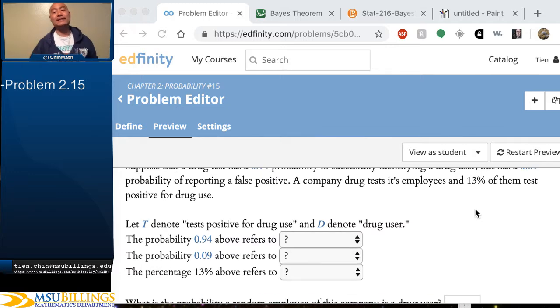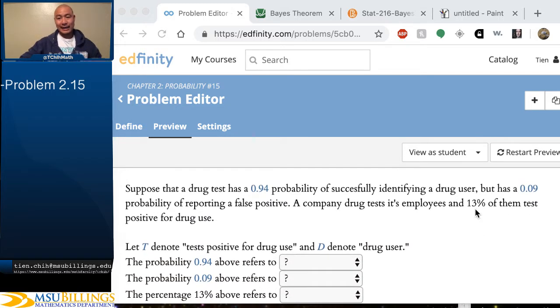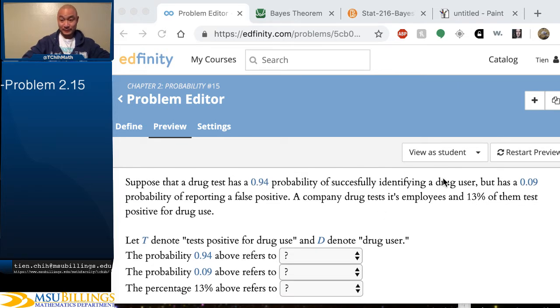And before any of this can make any sense, and I recommend that you do this for every single one of these problems and not just this one, whenever you're given some information like 94%, 9%, 13%, we turn that into useful information. We think of that in terms of the probability it represents.